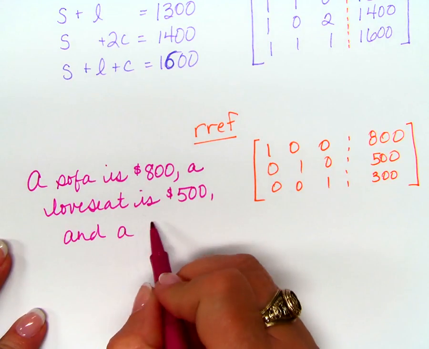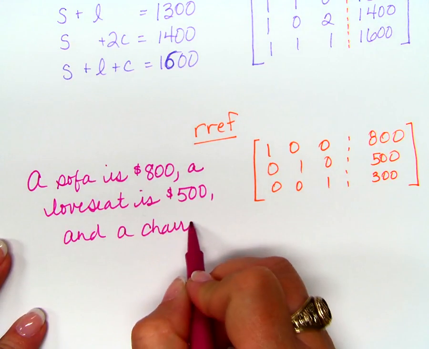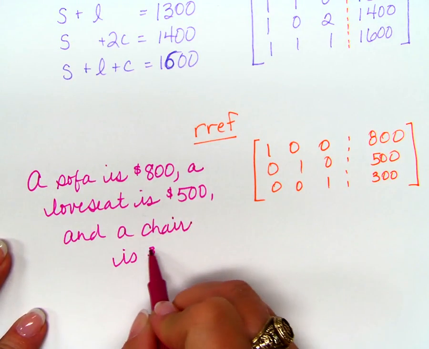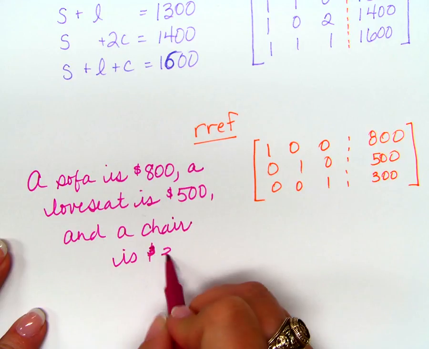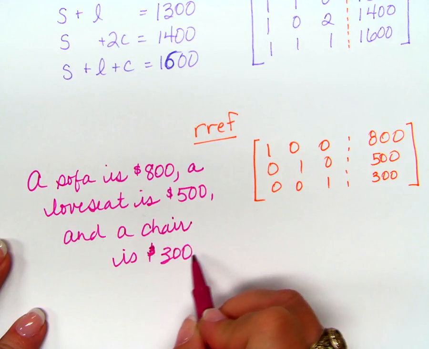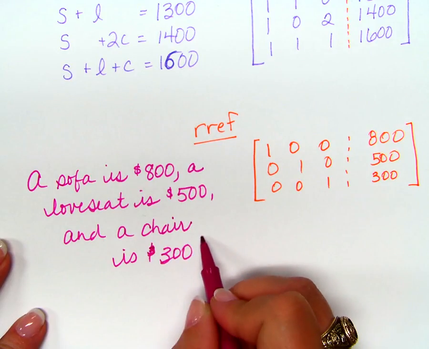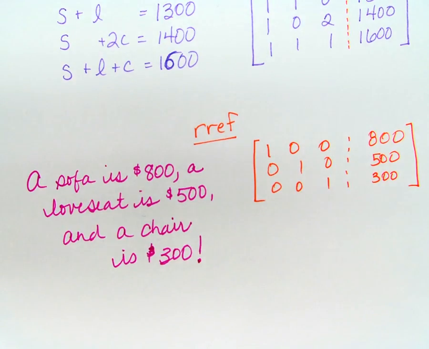And a chair is, whoa, $300. Now, some of you might like to put a period there. I'm going to be excited about it, so I'm going to put an exclamation point. Yes. I actually bought a sofa this summer and a chair. Well, more than one chair, but okay.